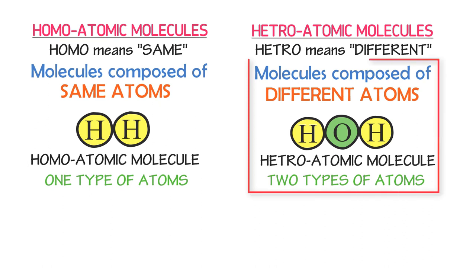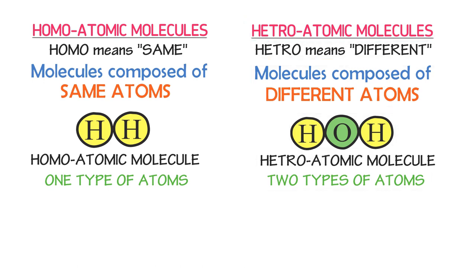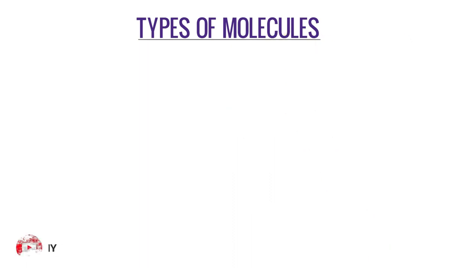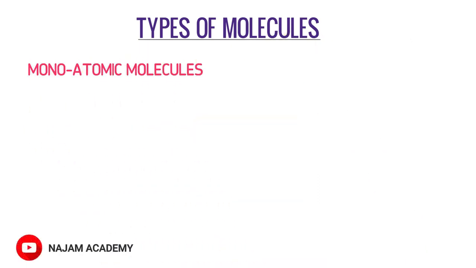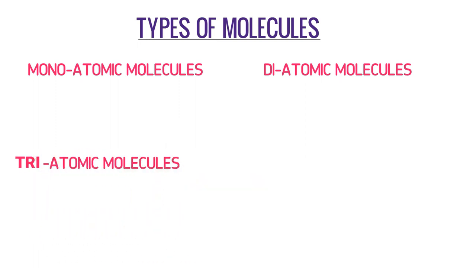While if a molecule is composed of different atoms like a water molecule, we call it a heteroatomic molecule. Also, you should learn types of molecules like monoatomic molecules, diatomic molecules, triatomic molecules, and polyatomic molecules.